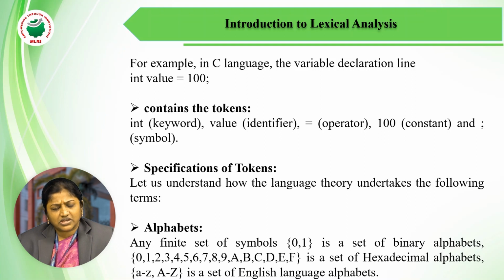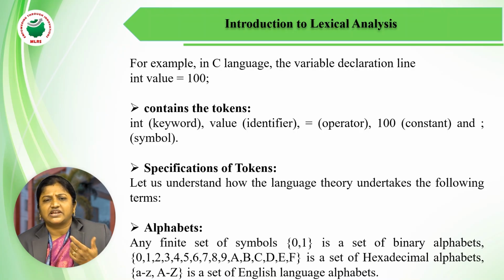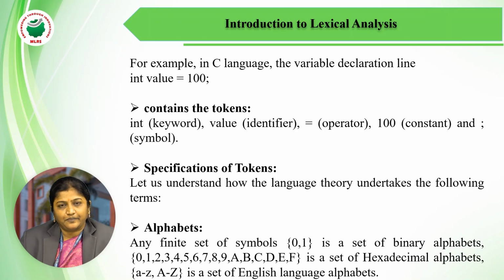So these all constitute tokens. Inside the tokens, again, this consists of keywords, identifiers, punctuations or constant values. Here, int we'll take as a keyword. And what about value? Value here acts as an identifier. And what about the equal sign? The equal to sign acts as an operator.